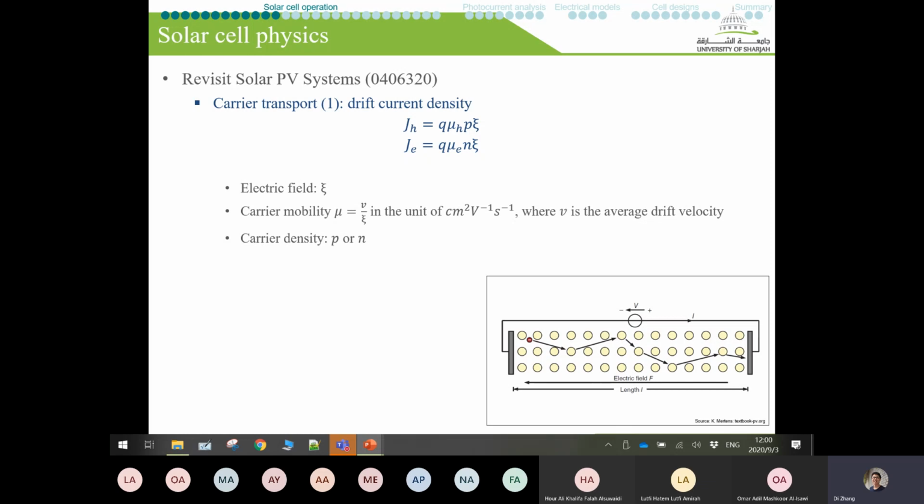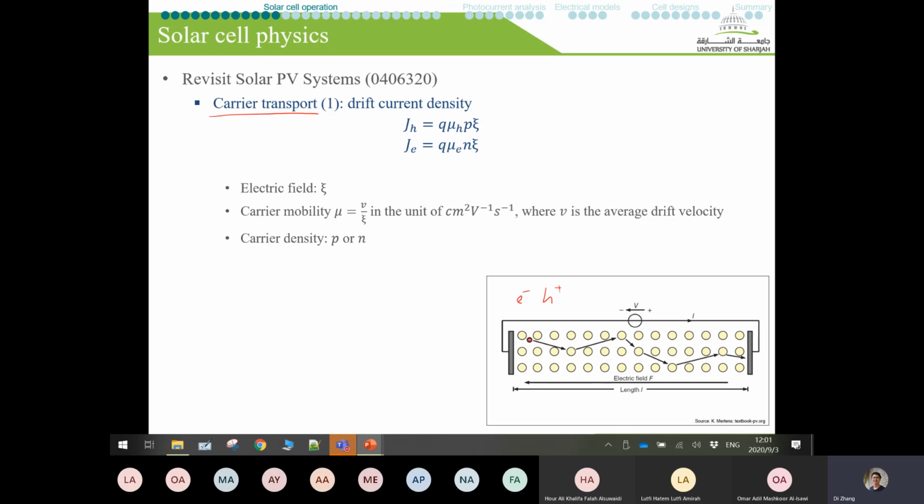In order to understand the solar cell behavior, the PN junction behavior, we have to go back to the fundamentals, one of which is carrier transport. If we have an electron or a hole, these two are considered charge carriers. How would they move inside the semiconductor?